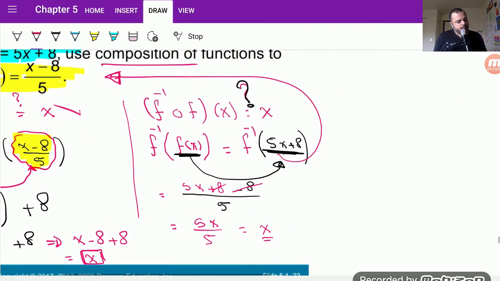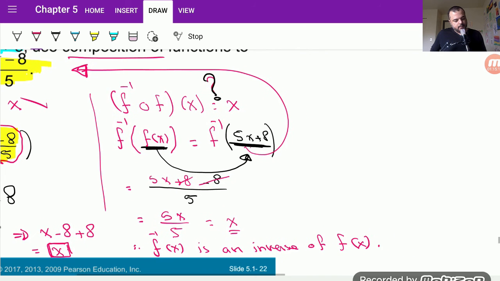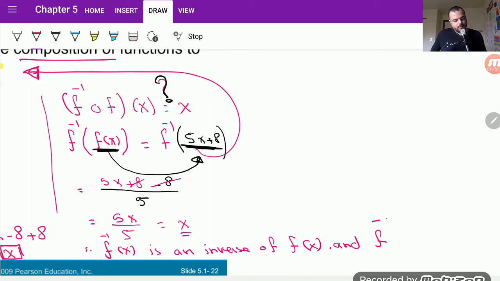We conclude that f inverse is the inverse of f of x, and f inverse is equal to this. It's correct. It is the inverse and it's equal to this.